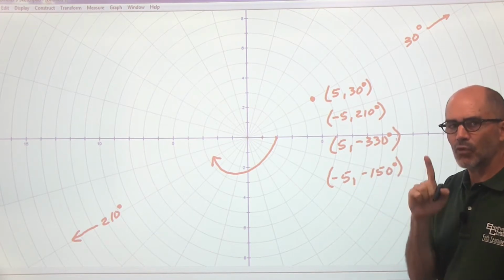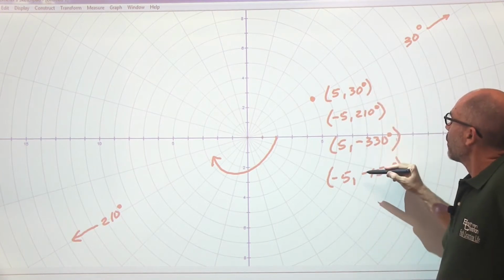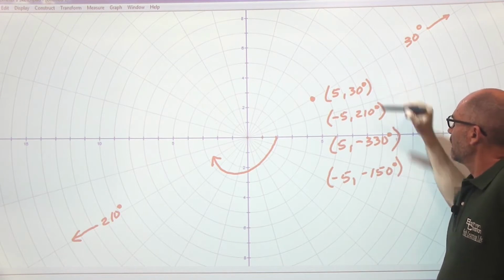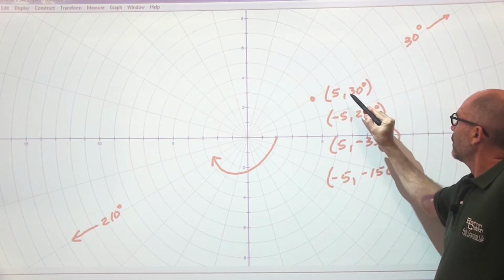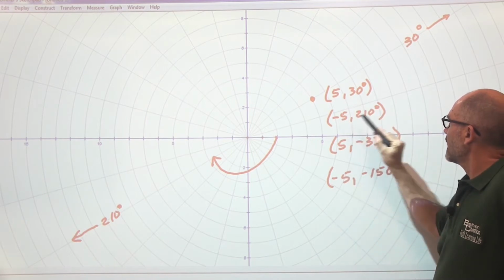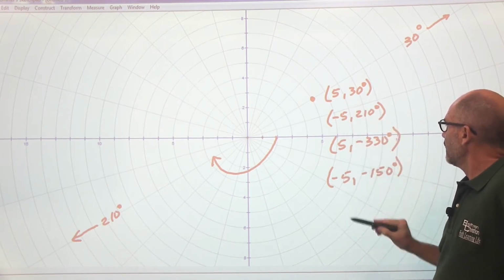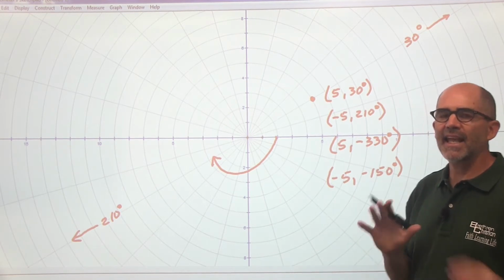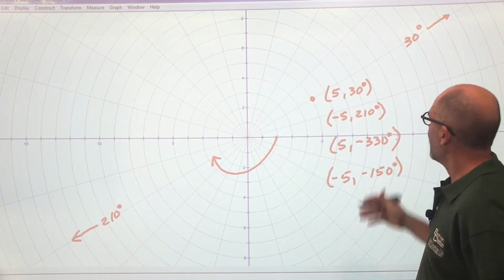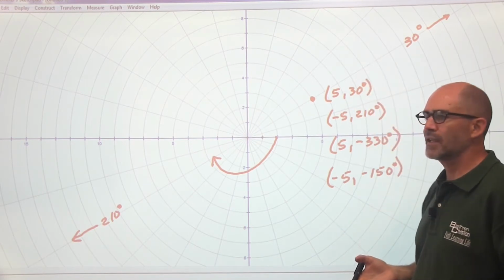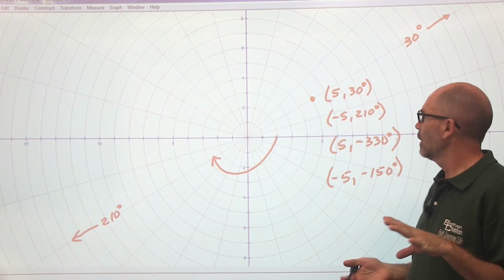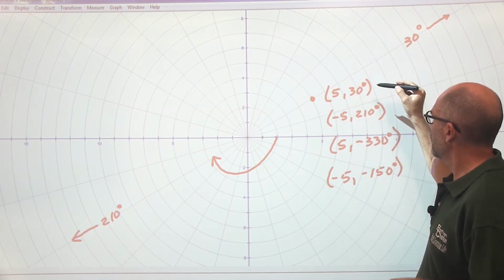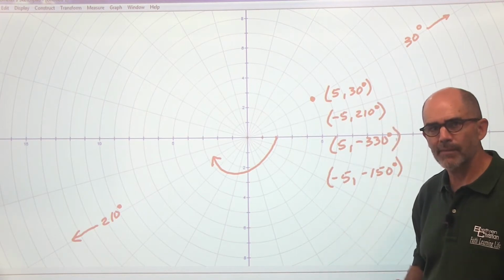So I have named one point 4 different ways, and the angles are all between negative 360 and 360. So I've named it with positive positive, negative positive, positive negative, and negative negative. So that's the name of this game. Take any point on the graph and name it 4 different ways with all the combinations of positive and negative between angles negative 360 and positive 360.